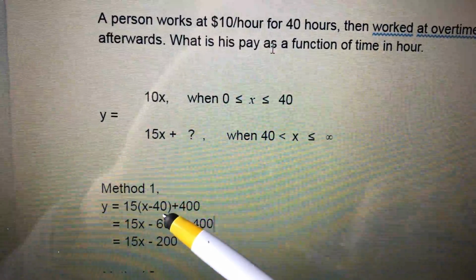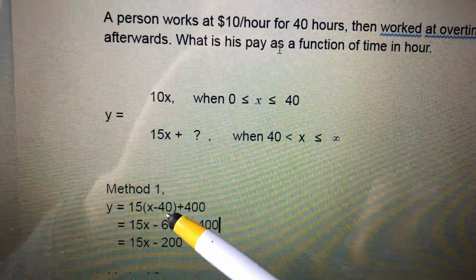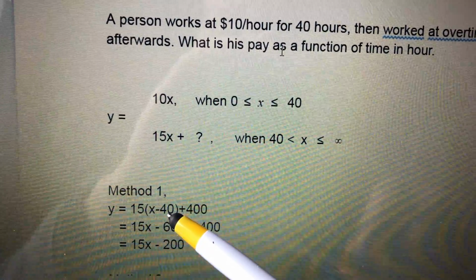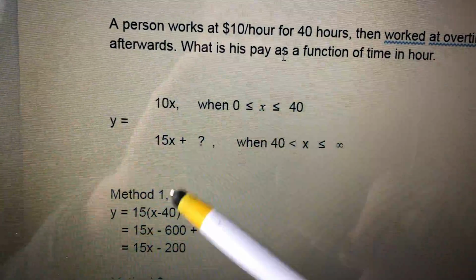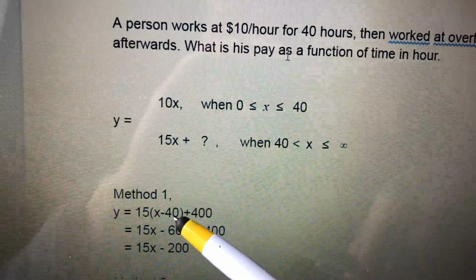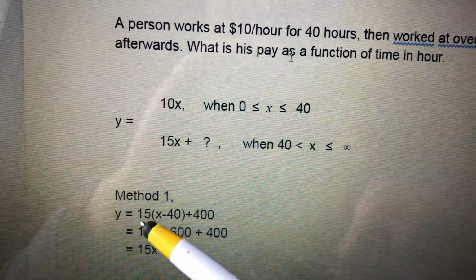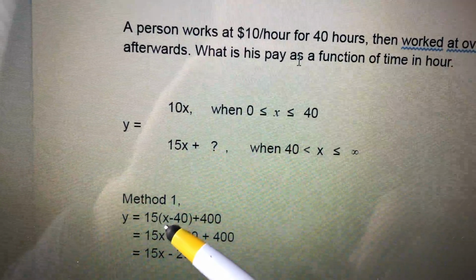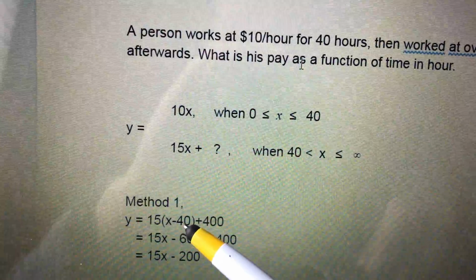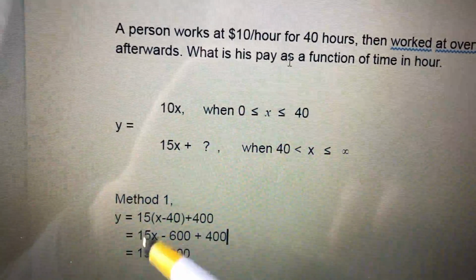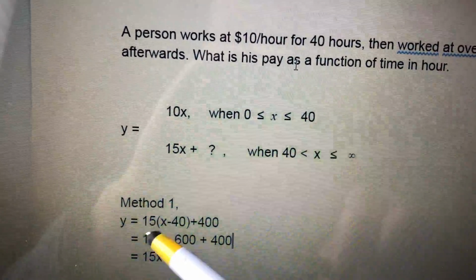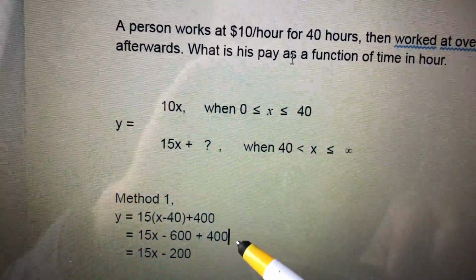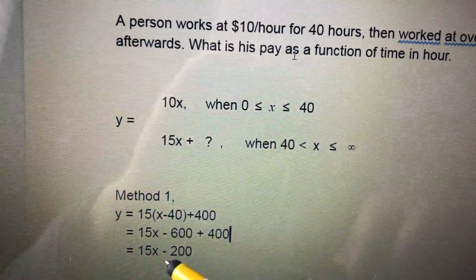And then subtract the x coordinate of the endpoint from the last function, which is 40 hours, so that this slope 15 does not come into play until x is greater than 40. And when you distribute, that becomes 15x minus 600 plus 400. That gives us 15x minus 200.